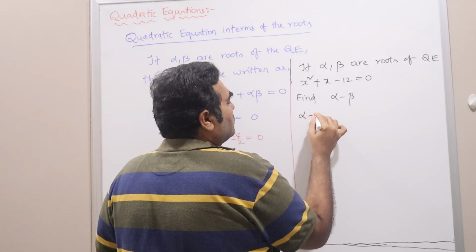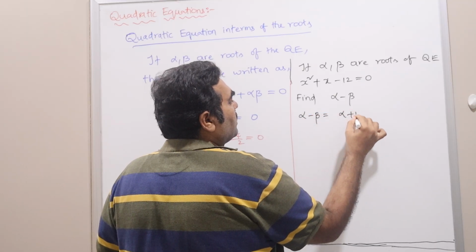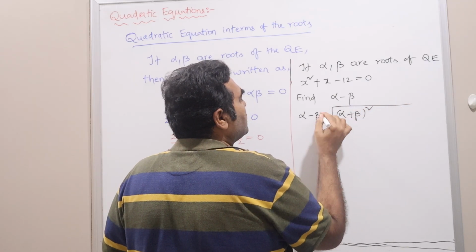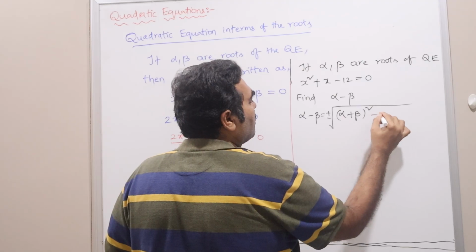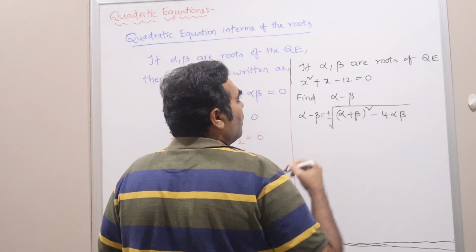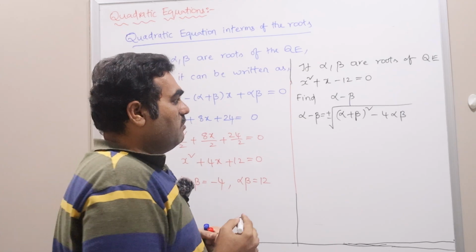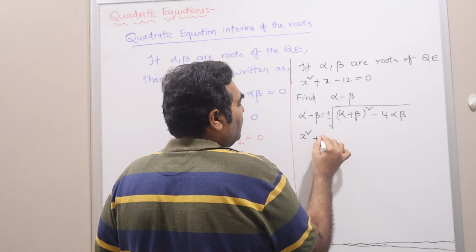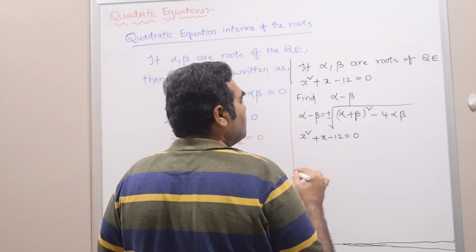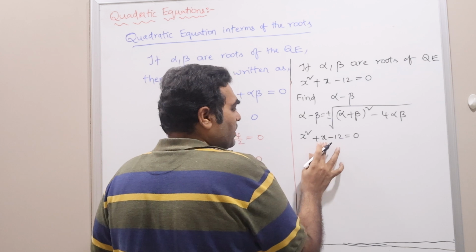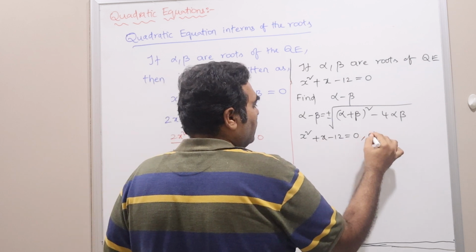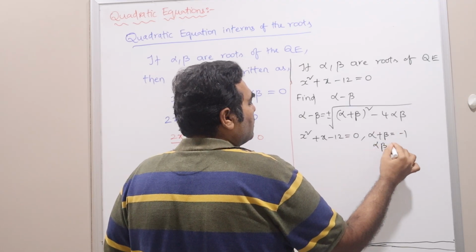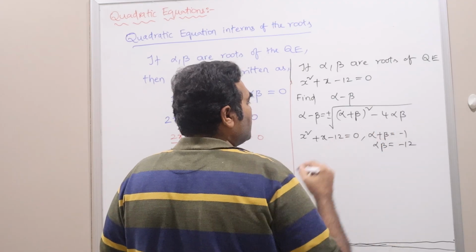So from our discussion, alpha minus beta is equal to plus or minus square root of (alpha plus beta) whole square minus 4 alpha beta. So here if you compare x square plus x minus 12 is equal to 0, the coefficient of x is 1, which means that alpha plus beta is minus 1. Alpha beta, here the constant term is minus 12, so alpha beta is equal to minus 12.